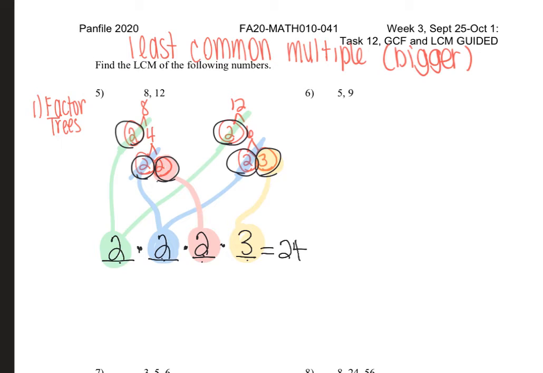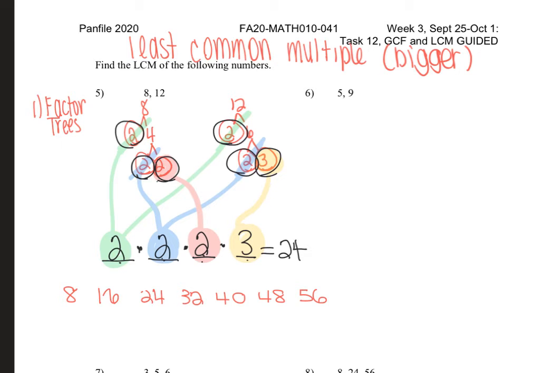So person 1 knocks on the 8th door, the 16th door, the 24th door, the 32nd door, the 40th door, the 48th door, the 56th door, and on and on.